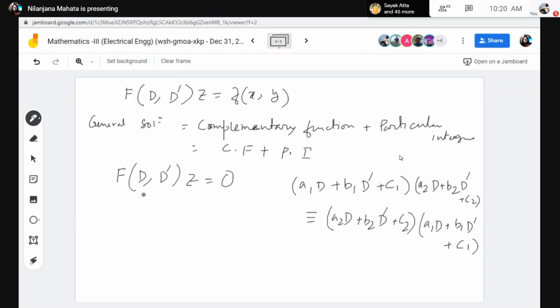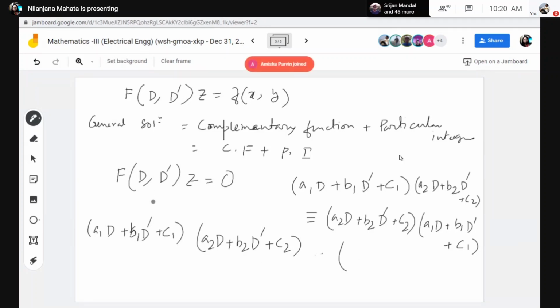If it is nth order, I will have a1 D plus b1 D dash plus c1, a2 D plus b2 D dash plus c2, where a, b, c are constants. Since it is of nth order, we should have an D plus bn D dash plus cn.